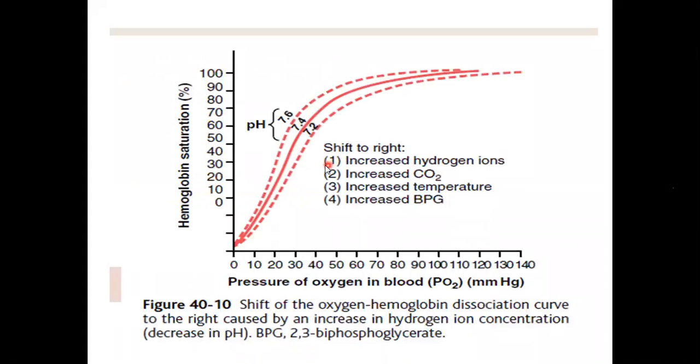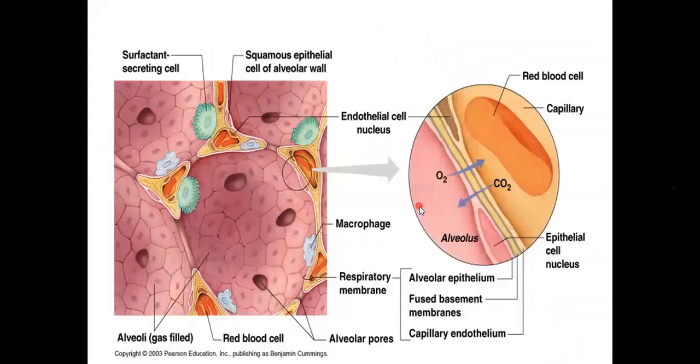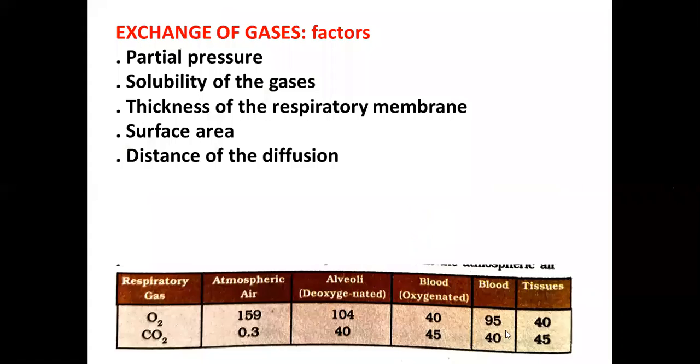Now, what happens? You see, a shift to the left means formation of oxyhemoglobin. Shift to the right means the oxyhemoglobin will be dissociated. At tissues, what happens? There is an increased carbon dioxide pressure. We know the carbon dioxide pressure at the tissues is high, around 45 mm of Hg.